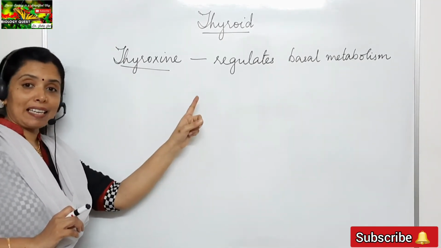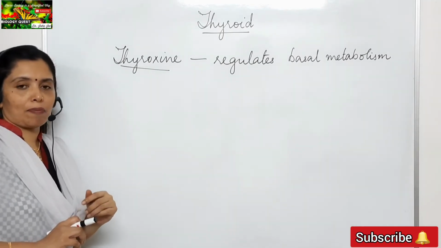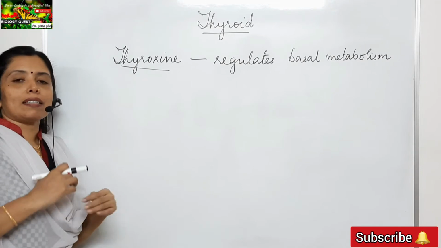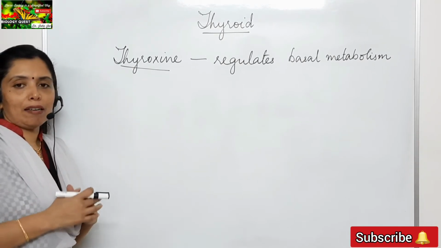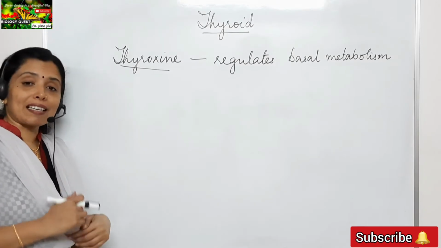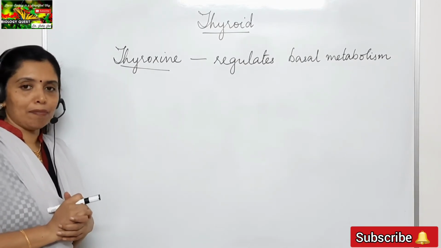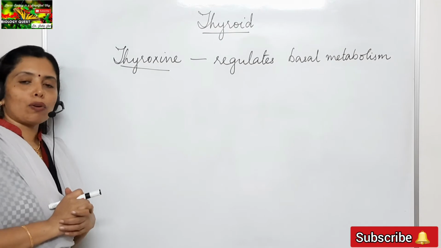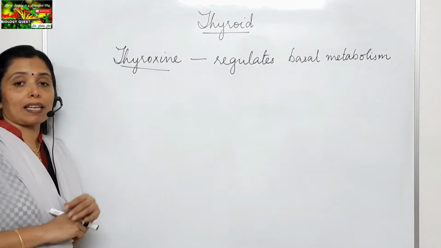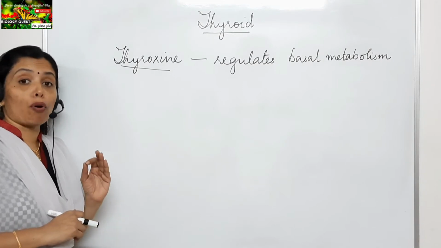Thyroxine regulates basal metabolism. When there is an increase in the production of thyroxine, there is an increase in basal metabolism. A decrease in thyroxine production decreases the basal metabolism. Other functions related to thyroxine are: thyroxine influences body growth.